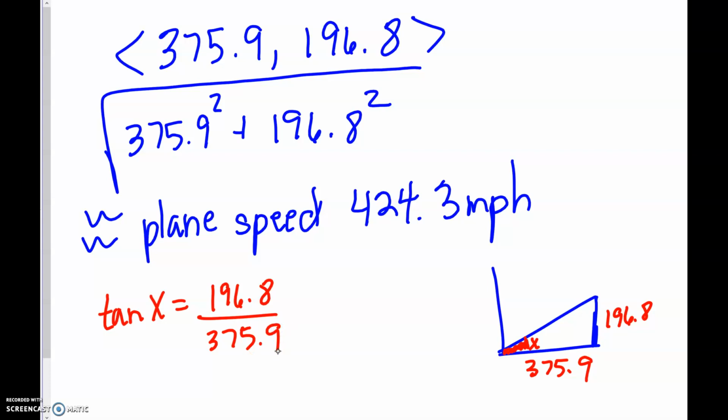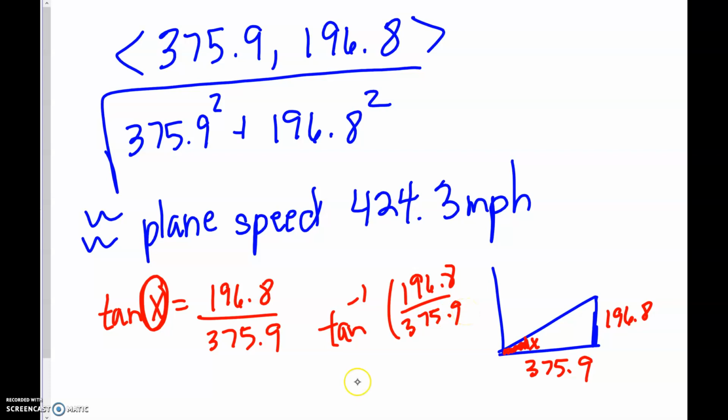Now, how many of you remember how to find the angle measure when we are given the correct ratio? So remember, this is when we have to use that inverse tangent button. So you're going to hit second tangent, and then the parentheses pop up for you. So just do 196.8 divided by 375.9 and go ahead and hit enter.